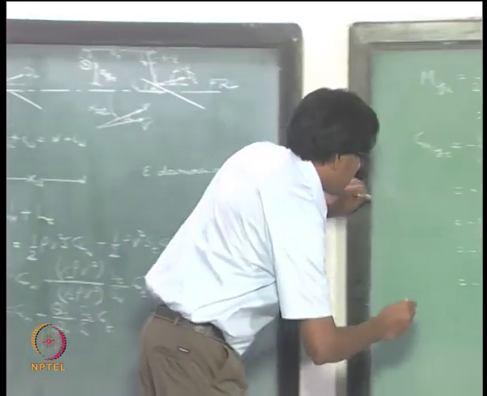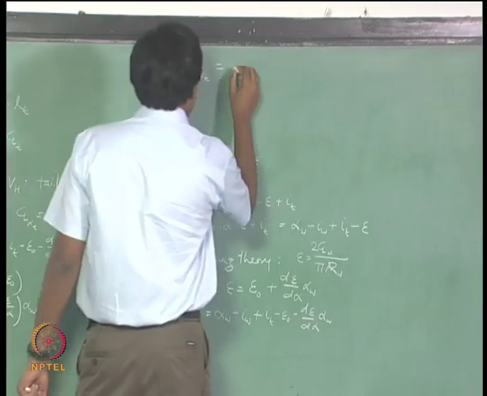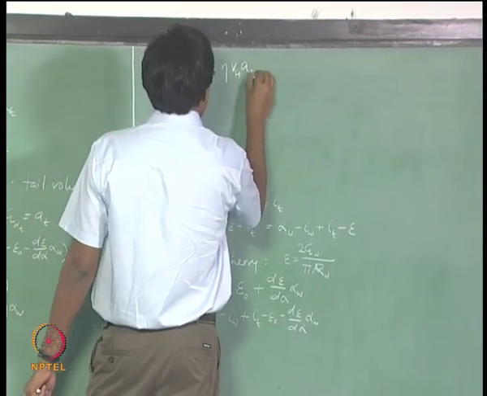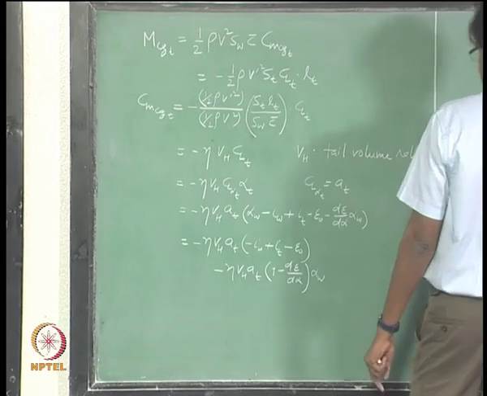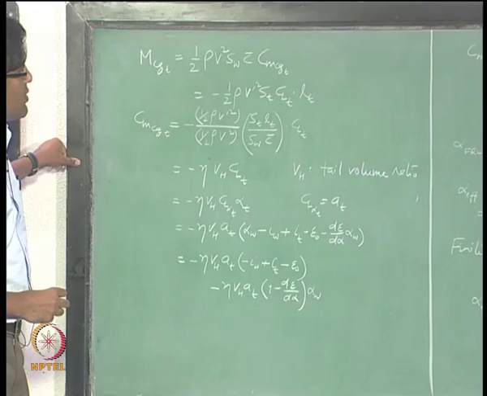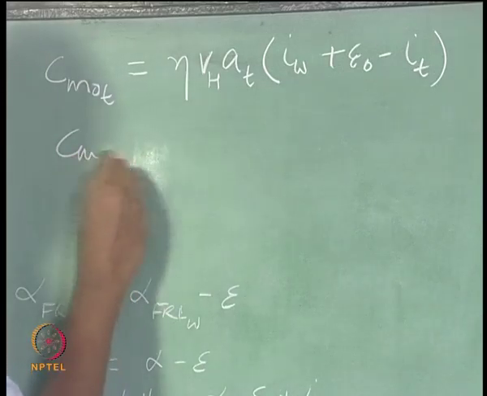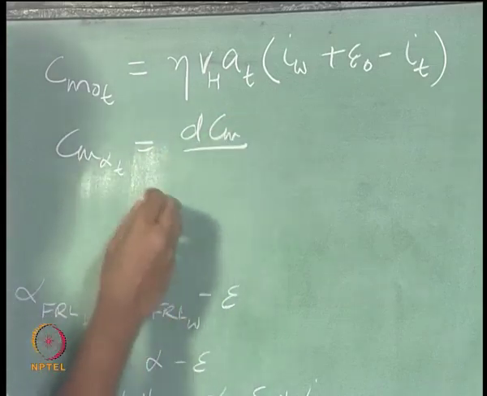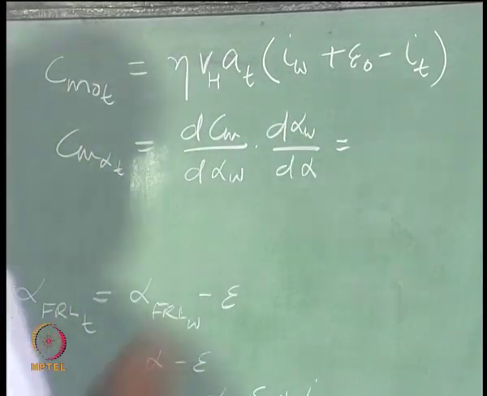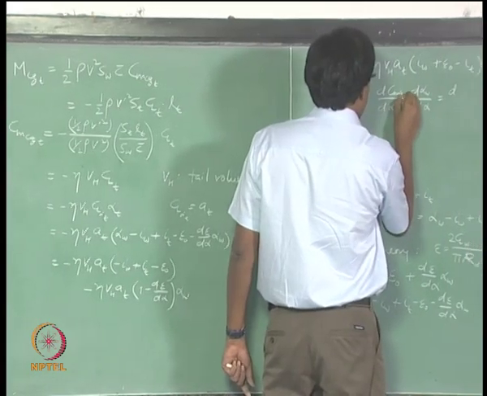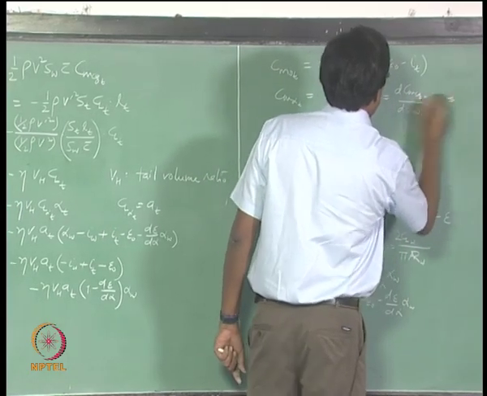So, Cm naught due to tail is, what is that?